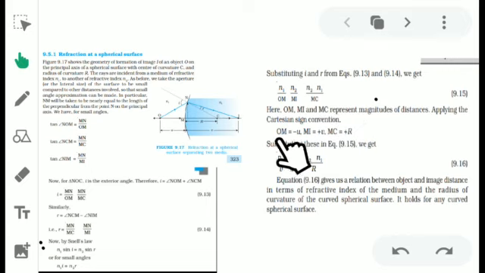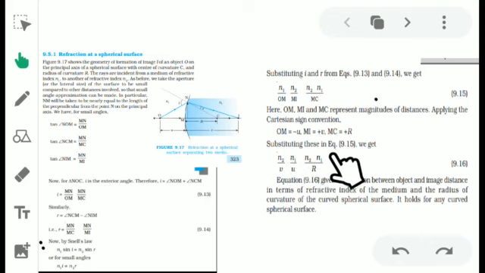So what is OM? OM means the object distance. Here we are measuring the object distance from M to O, and it is opposite to the direction of the incident ray, that is OM is equal to minus u. Then MI is equal to plus v and MC is equal to plus R. Both are in the same direction as the incident light.